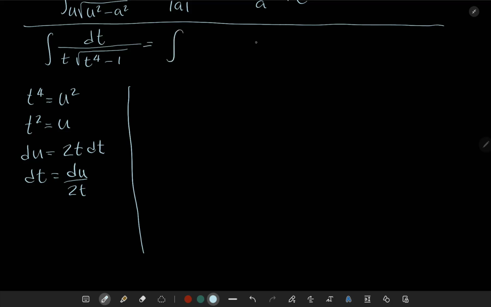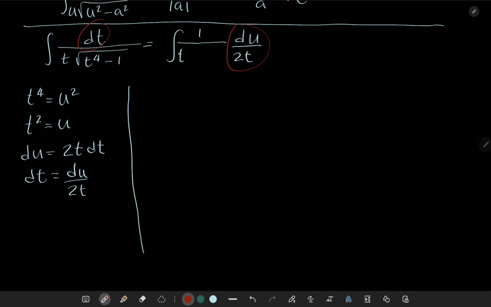Now my dt is going to be du over 2t. Now I have an extra t here. I'm going to write it there because I still don't know what to do with it. I'm going to have a 1, just because I moved my dt here to the right. You see you have dt, this is dt.